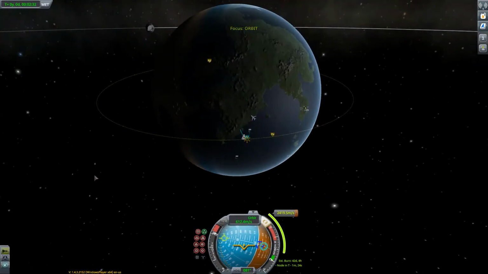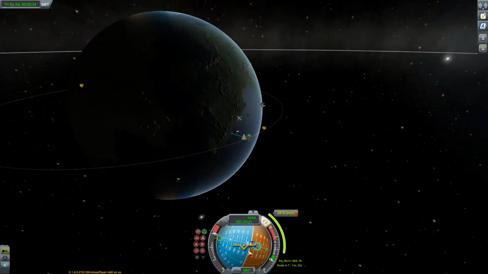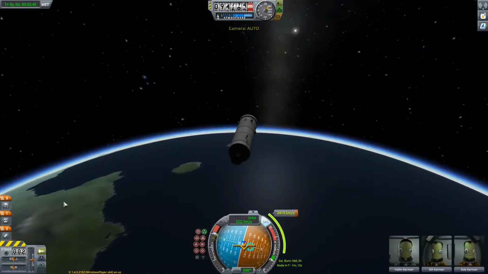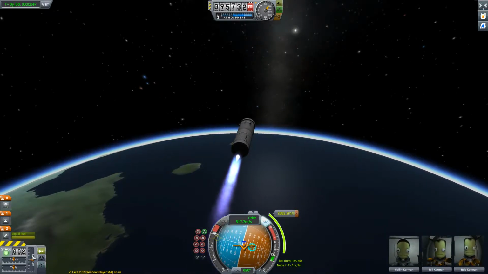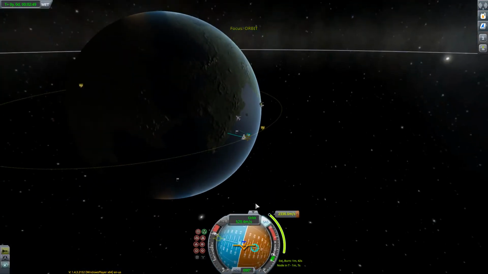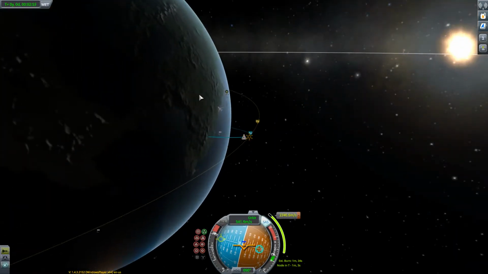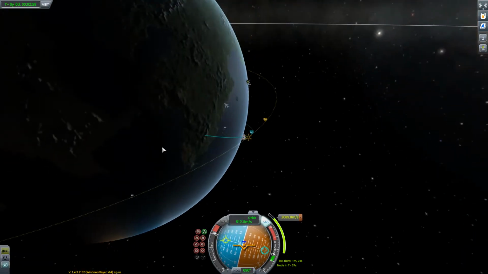Go back to your map, see where you are. Once this symbol is aligned with this symbol, you're going to make sure this is set all the way up, and your next stage is the proper stage with the engine. You're going to press space, and just let that fly until this goes down to 0, or you are in your desired orbit. Or once you've gotten to your desired orbital trajectory, I should say.